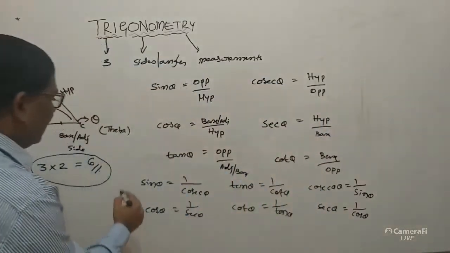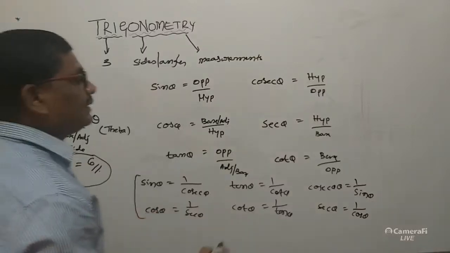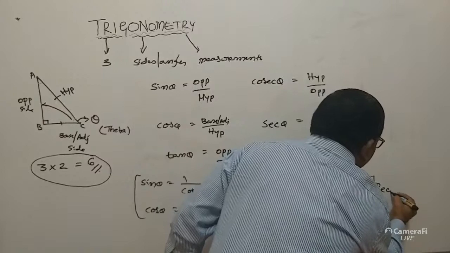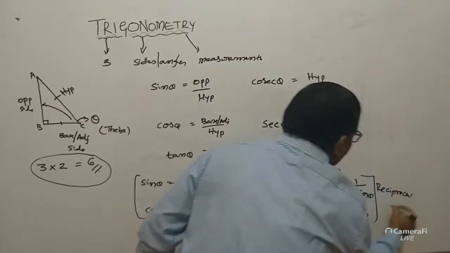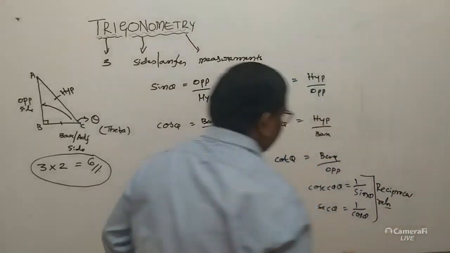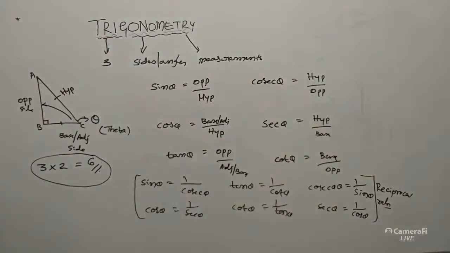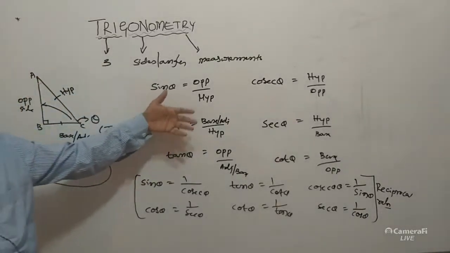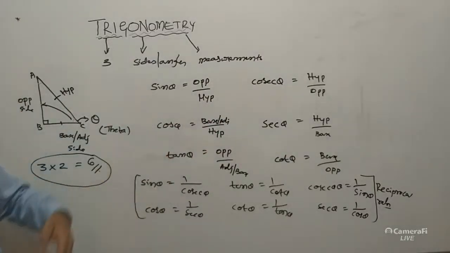These are all called the reciprocal relations of the trigonometric functions. These identities or features of the angles you can find by using the right angle triangle property, but mainly we must focus on the 6 trigonometric ratios and their reciprocal relations.